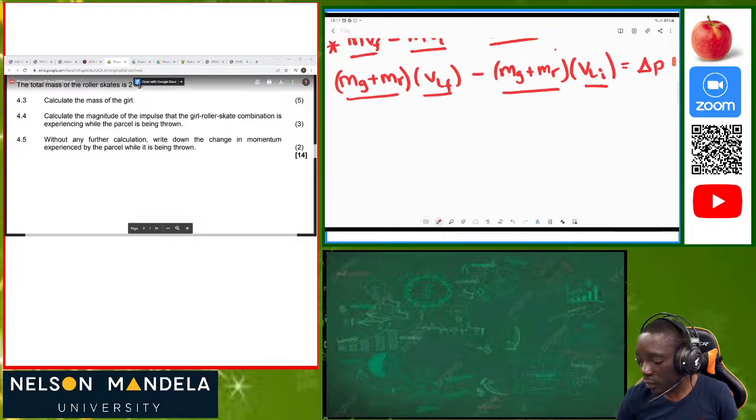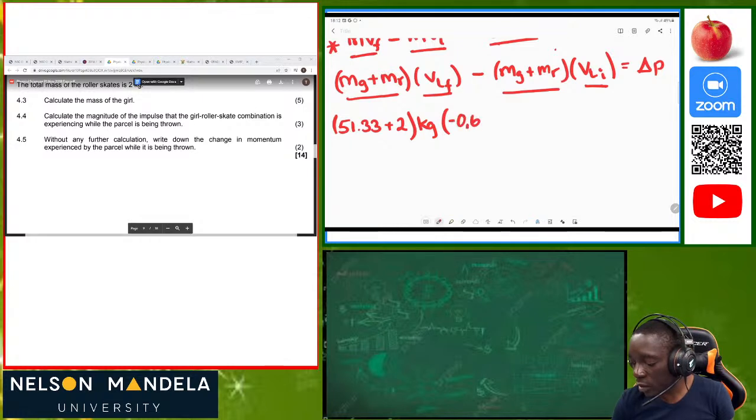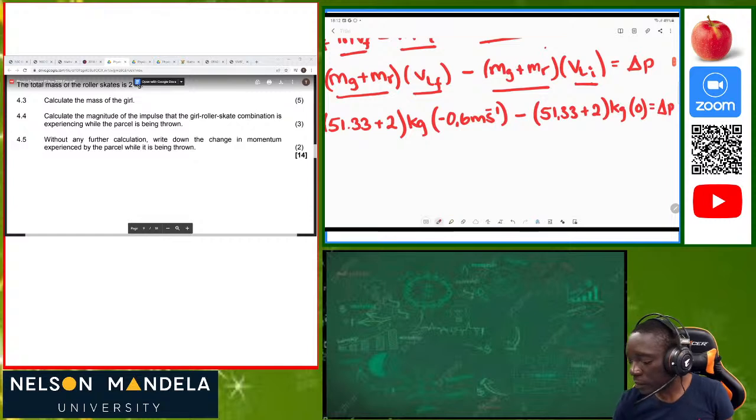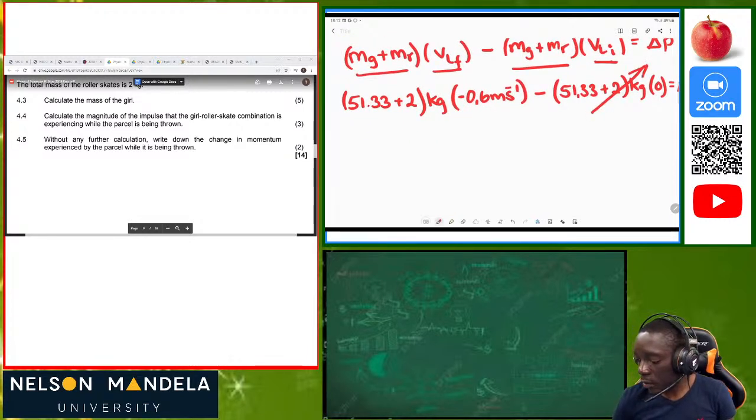So we plug that in, 51.33 plus 2, all this in kgs, multiplied by the velocity of the girl and the roller skates after throwing the parcel, negative 0.6 meters per second, minus the mass is the same, 51.33 plus 2 kgs, but this is multiplied by 0, the initial, and that should give us the change in momentum.